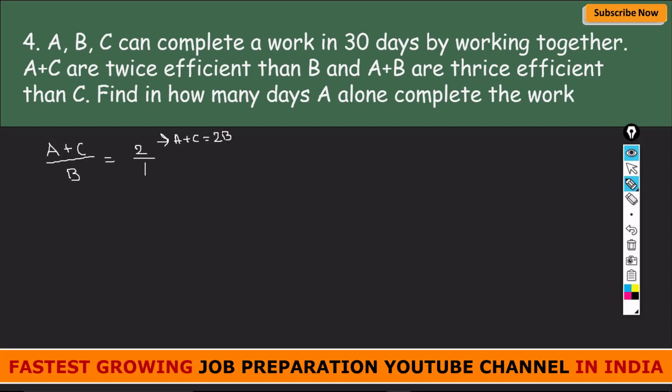Now again, similarly, A plus B are thrice as efficient as C. So this ratio I can write as 3 by 1.